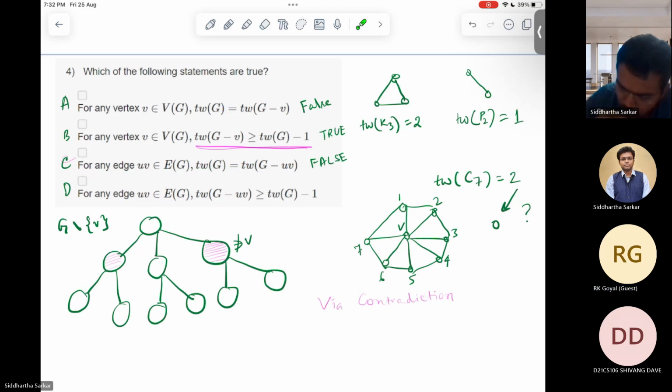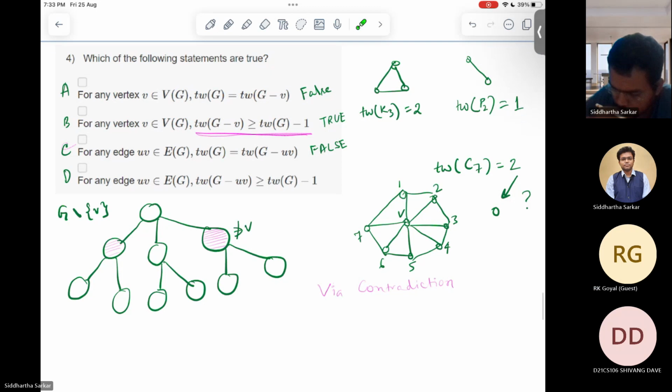So now we are asking that if an edge drops, if you consider this argument along with option B, then this has to be true.